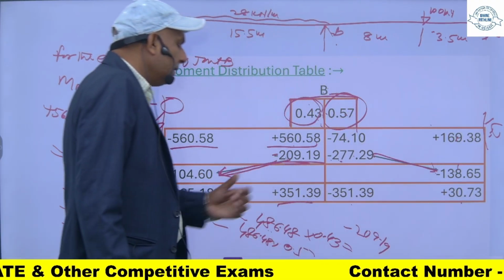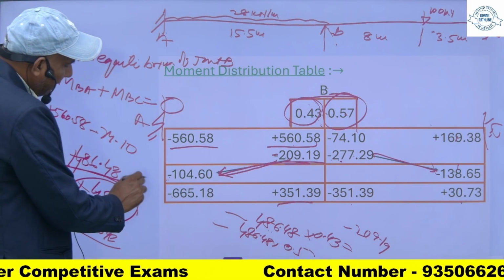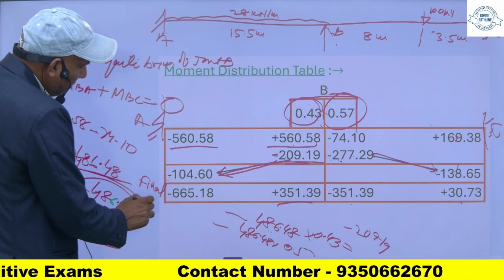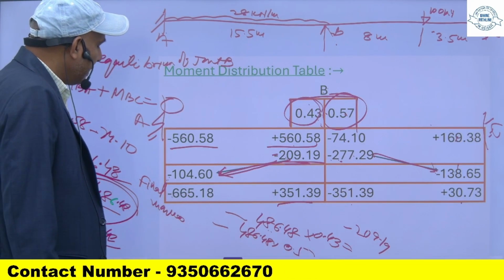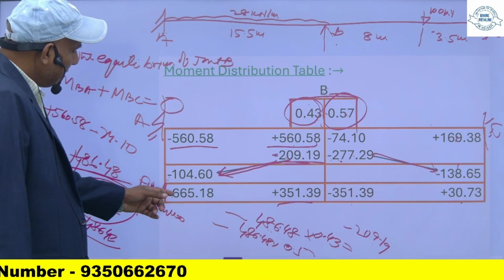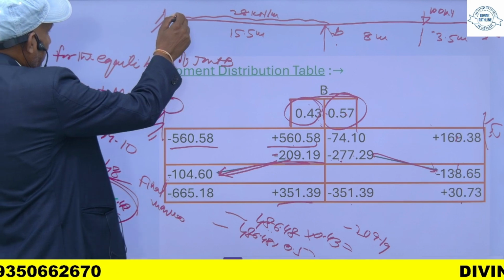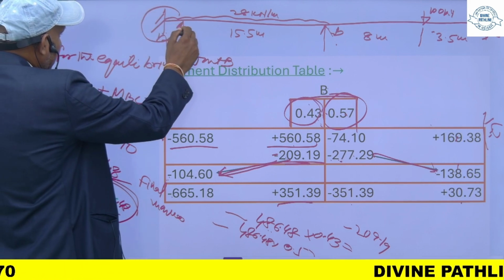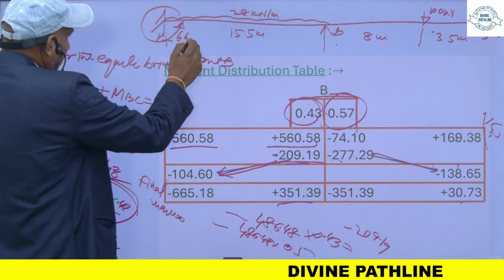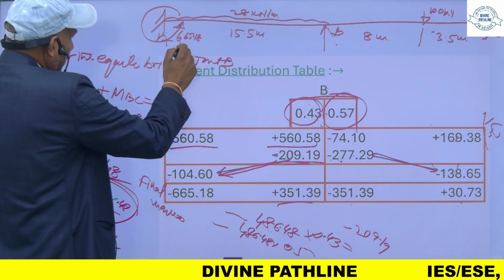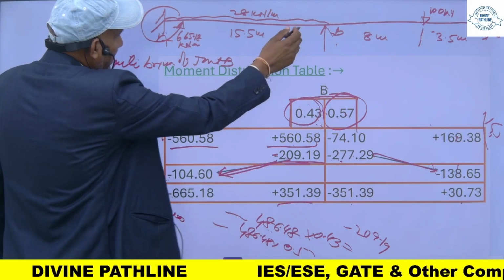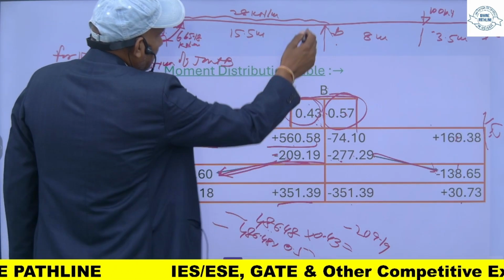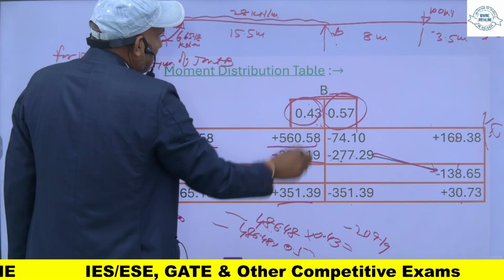Now these are my final moments. So this minus 665 means anti-clockwise. So this moment is like this, 665.18 kilonewton meter, and this MBA means this moment. This is clockwise, so positive means clockwise.